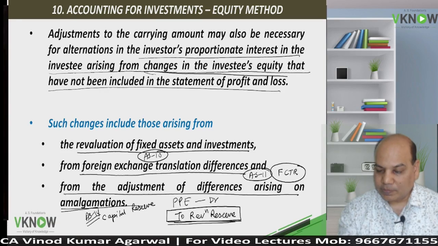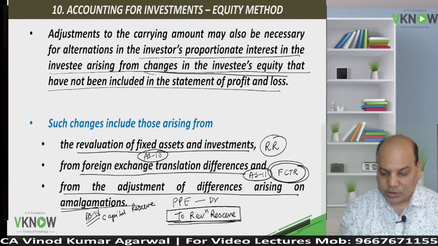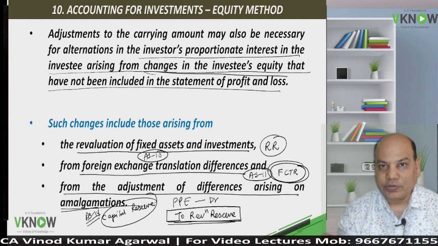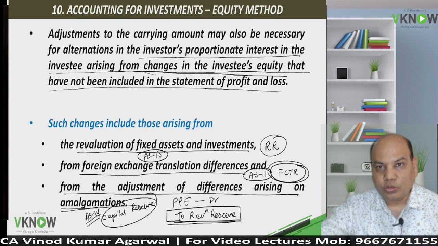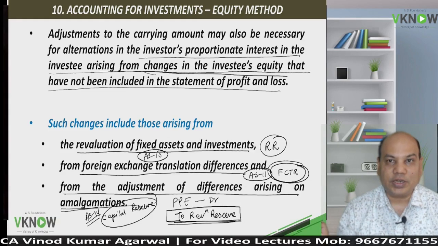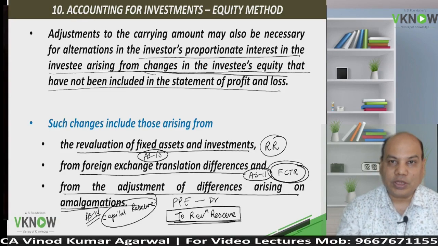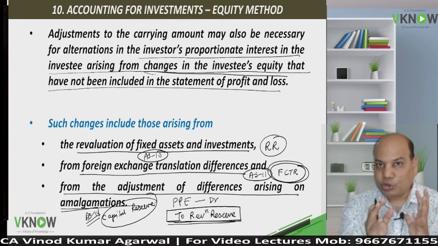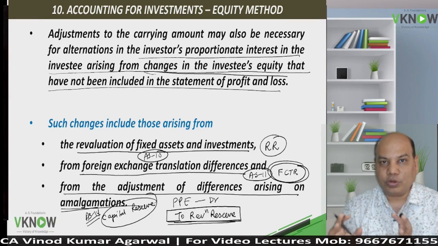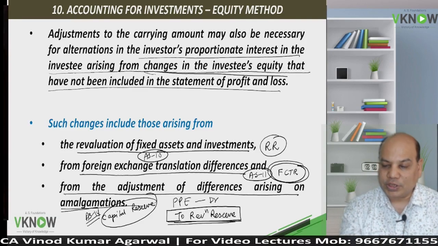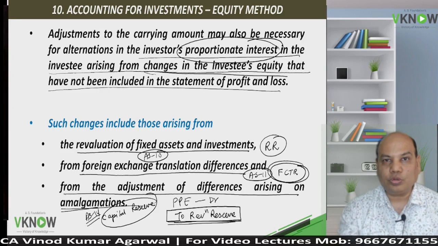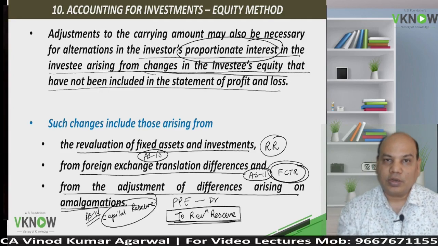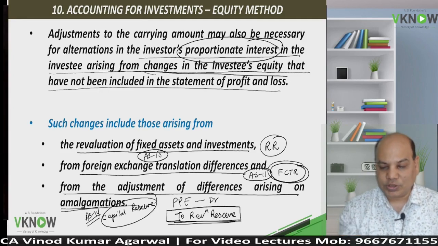So these are examples of revaluation reserve, foreign currency translation reserve, capital reserve, which directly get adjusted in reserve and surplus. They are not routed through profit and loss account. In that case, in the books of the investor, we are going to compute the proportionate share and pass the adjustment entry.